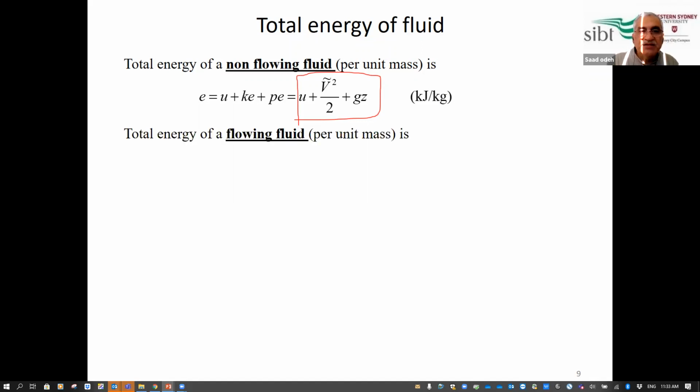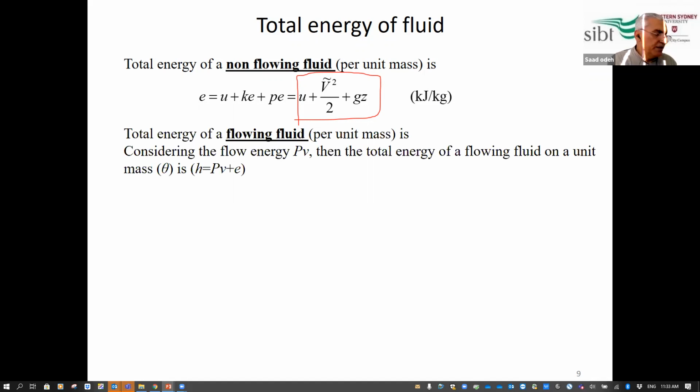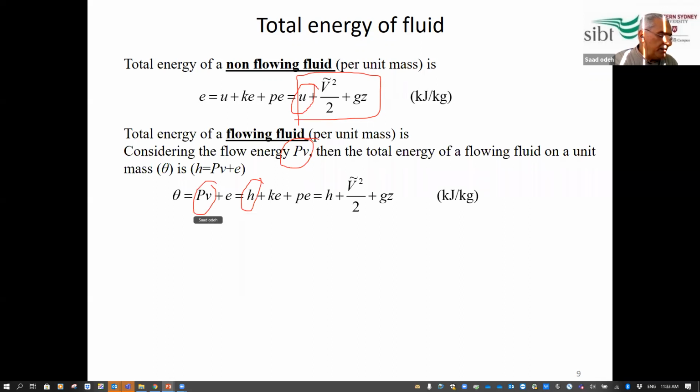Then if I add to it the PV, PV and U will give me enthalpy. So in the equation here I changed the U value to the H value because I have added the PV value. Remember we mentioned before, H is equal to U plus PV, right?